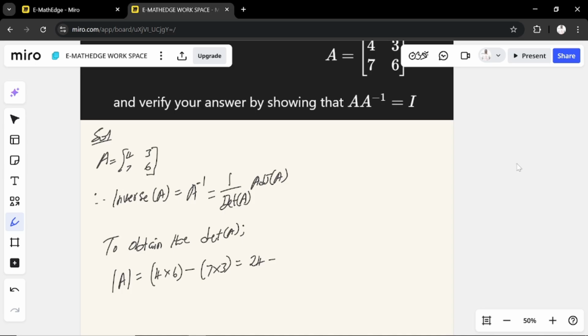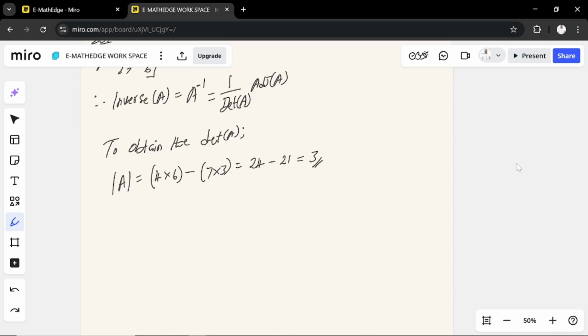Minus 7 multiplied by 3, which is going to give us 21. So 24 minus 21 is going to give us the value 3. So that's to say the determinant of this matrix A is 3.